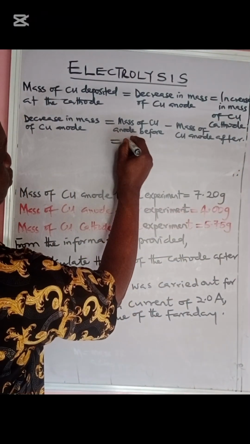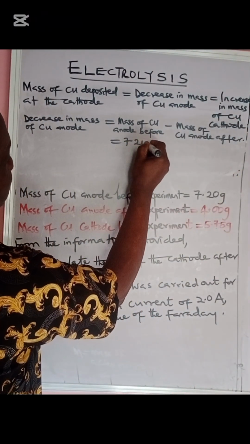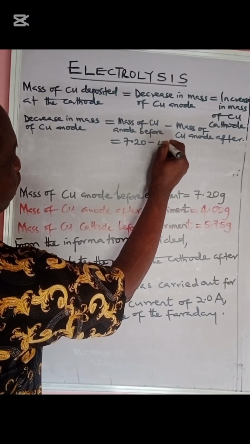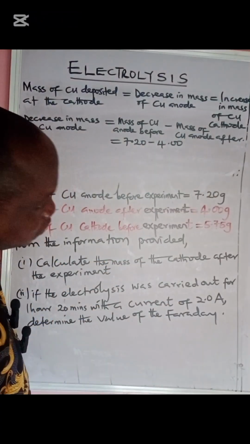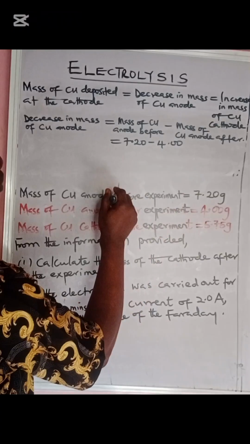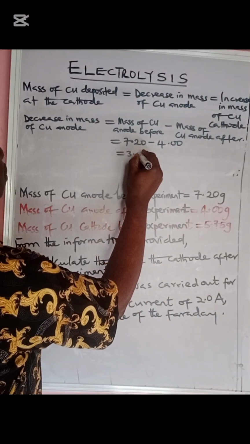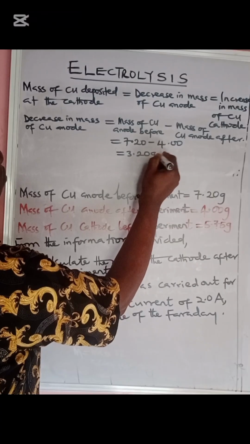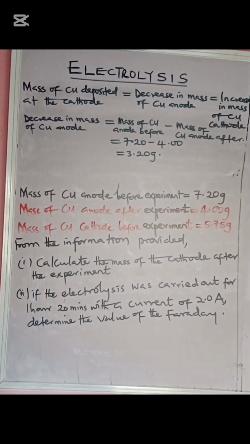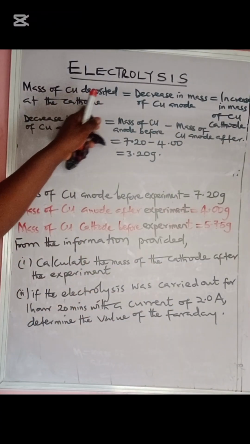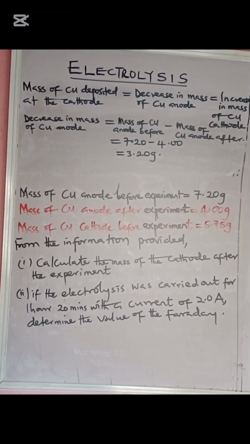So it will be 7.20 minus 4.00. We subtract this and it will give you 3.20 gram. That's the mass of copper deposited at the cathode, the increase in mass.